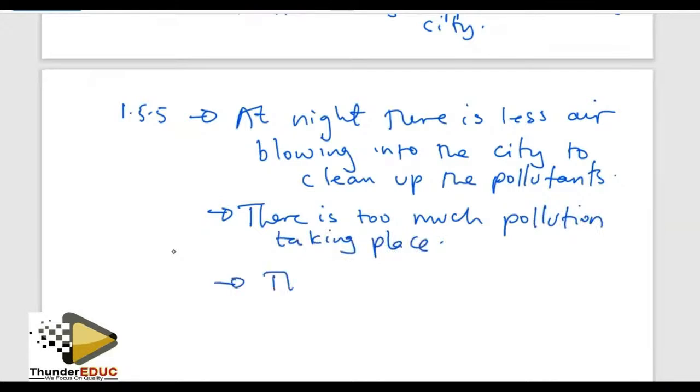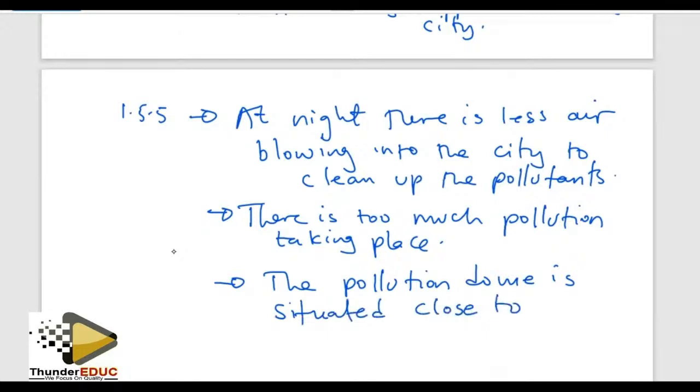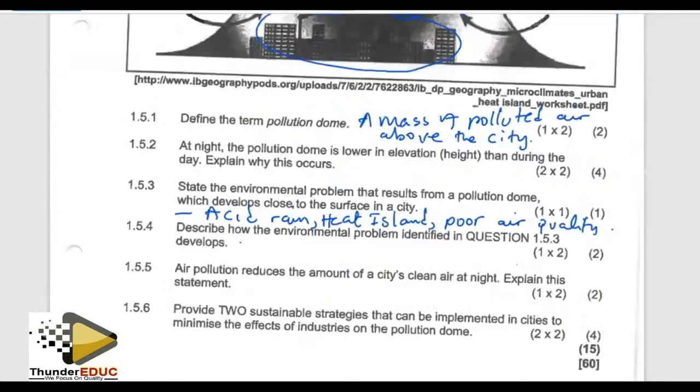Also, you could say the pollution dome is situated close to the city, among other factors.